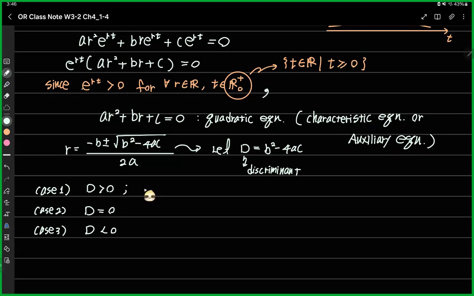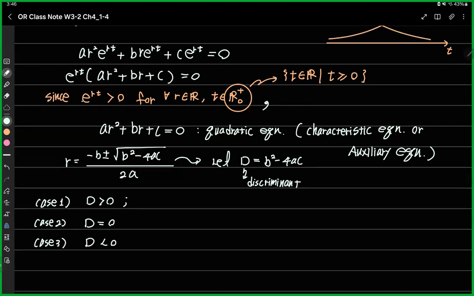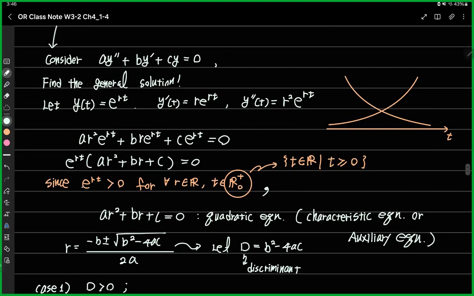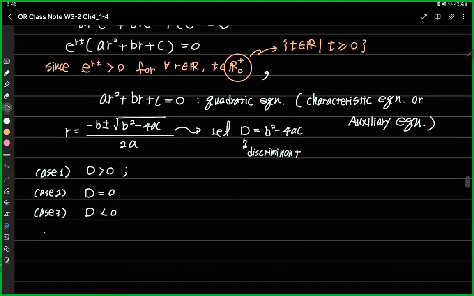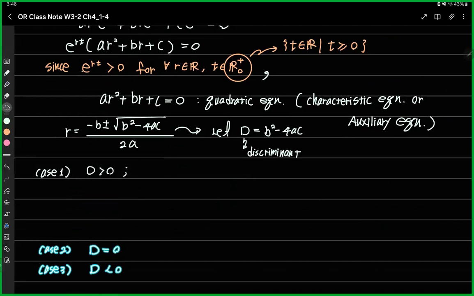So the aux equation has two distinct roots, which means that that differential equation has two distinct real solutions, isn't it? Think about this. Give me a second.